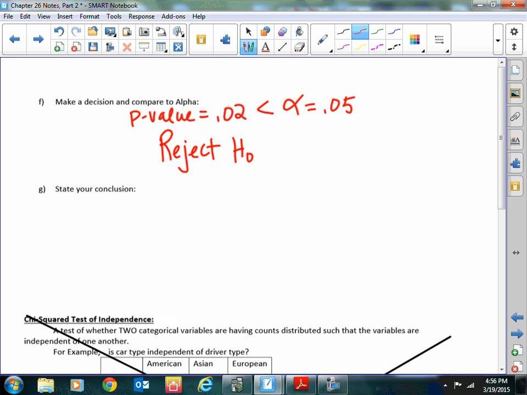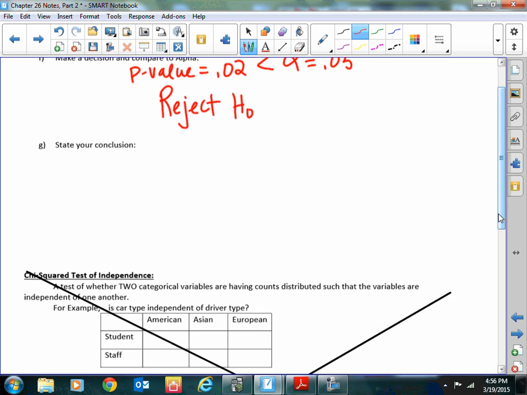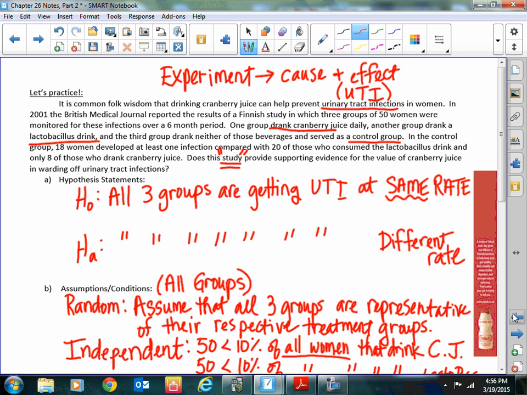All right, so here we go. Let's state our conclusion. So since 0.02 is less than 0.05, I reject the null hypothesis. What am I rejecting? I am rejecting this right here.